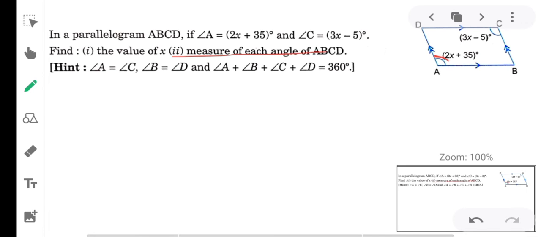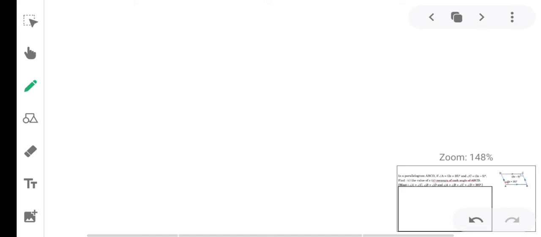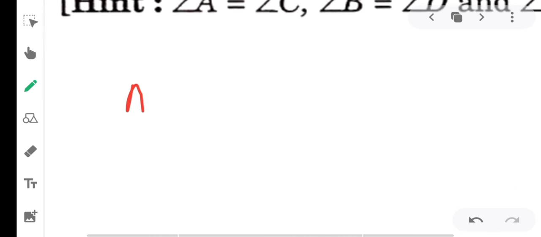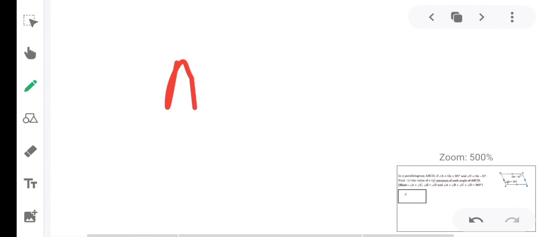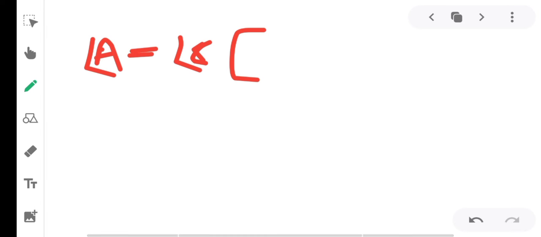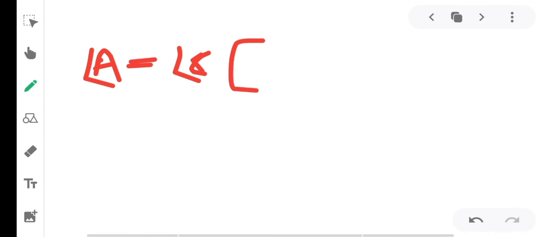Okay, so what is given? Angle A equals angle C. You have to write that opposite angles of a parallelogram are equal.